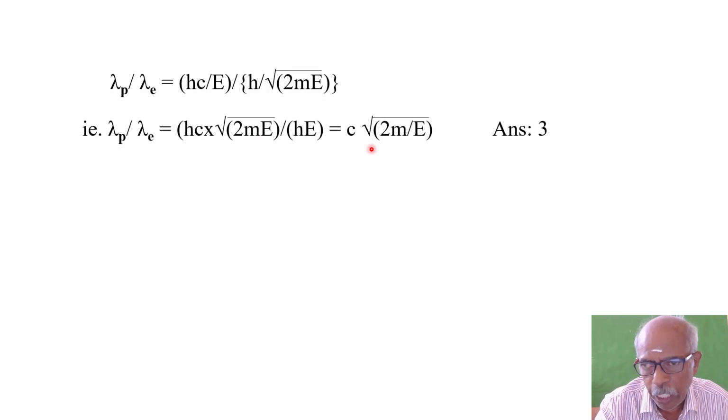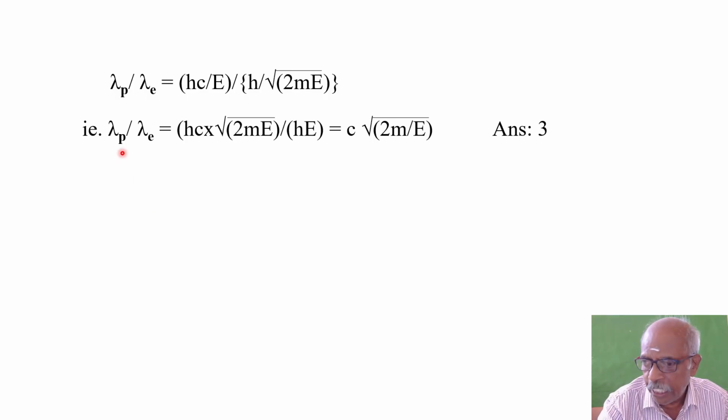So c into square root of 2m, and inside the square root in the numerator you have E, in the denominator without square root you have E. It means in the denominator you will have square root of E. So in the numerator you have c into square root of 2m, and in the denominator you have square root of E. That is equal to c into square root of 2m divided by square root of E.